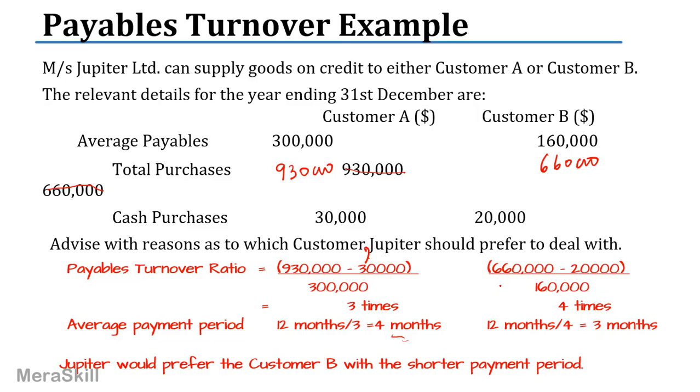Jupiter would prefer the customer B with a shorter payment period, right? So this is from the view of the supplier. Supplier can give goods to either A or to B. The supplier will prefer the company which will make payment to him in a shorter period of time.